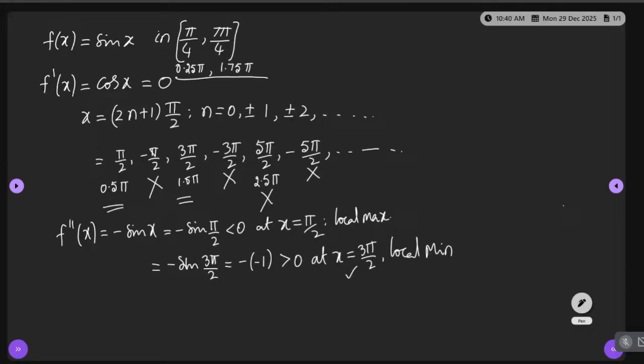Only one. Yes or no? Only one location, at x equals 3 pi by 2. The function attains local minima.